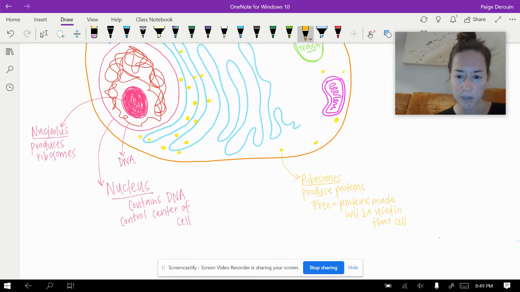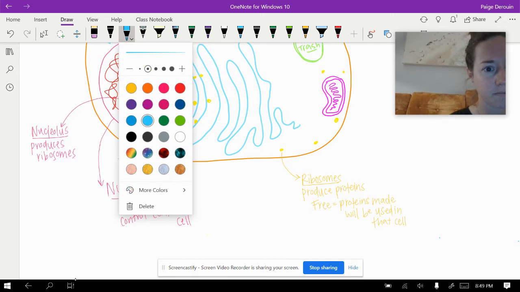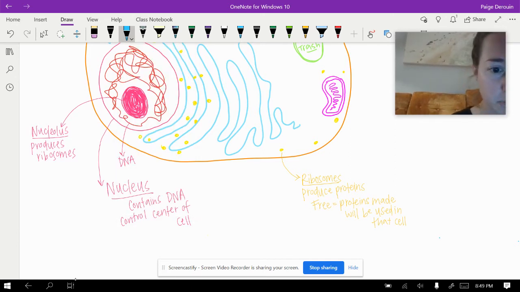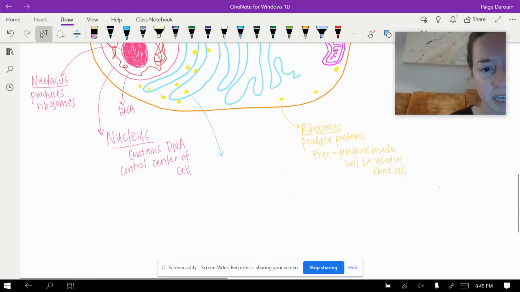Now, the other ribosomes over here attached to this blue squiggle, we call them bound ribosomes. They're bound. The ones I just labeled are free. So I'm going to label that blue thing next. This blue section over here is called the endoplasmic reticulum.